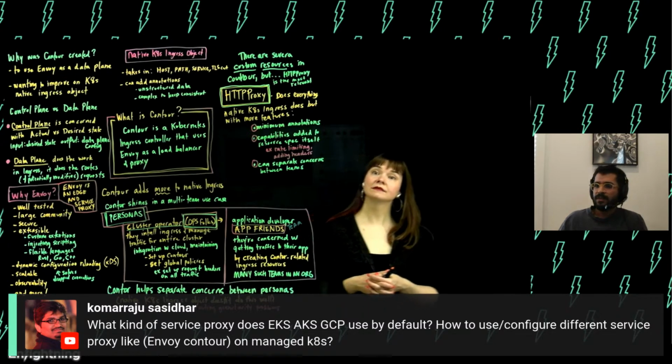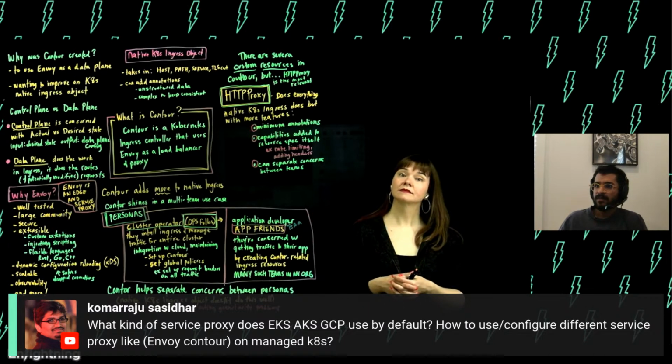What kind of service proxy does EKS, AKS, GCP use by default? I think that depends on what service mesh or whatever you're installing. So if you're using Istio, then Envoy is the service proxy used there. Many service meshes nowadays will use Envoy or other.